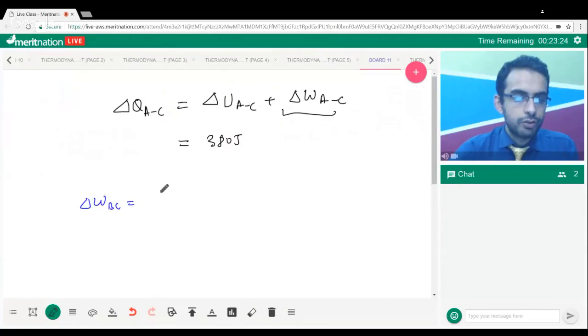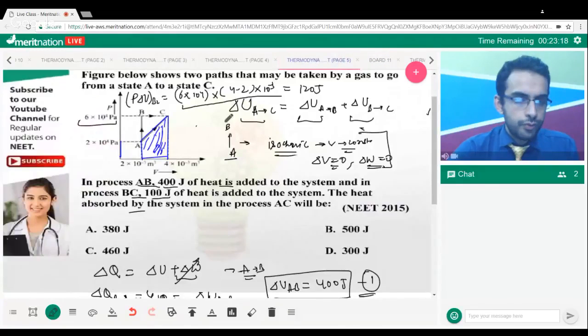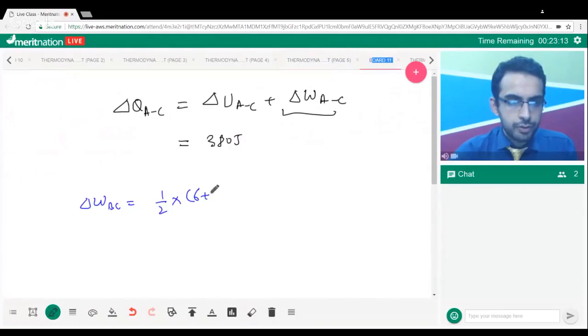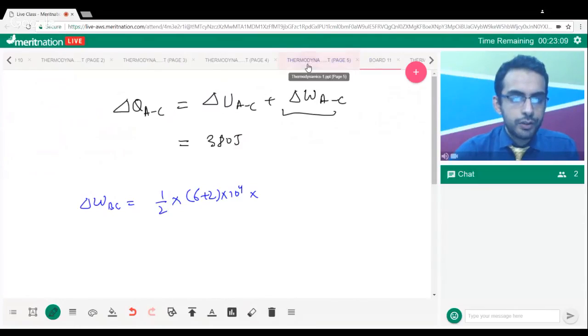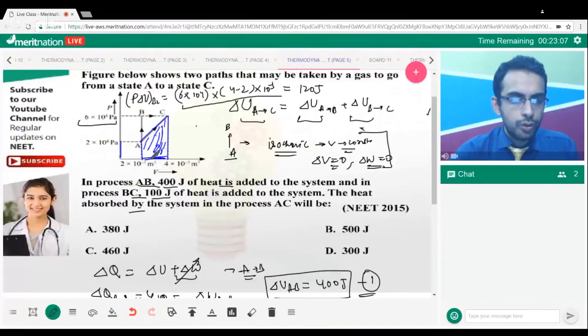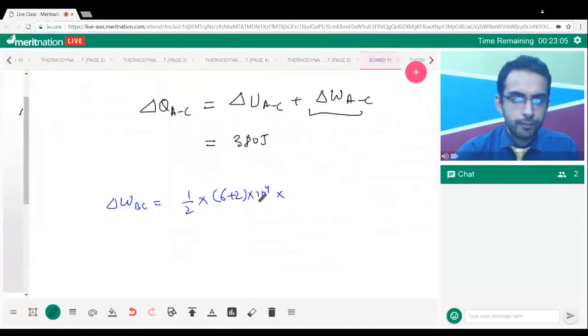So you can simply say delta W AC is equal to 1 by 2 into 6 plus 2 into 10 raised to power 4, and the altitude is 2 into 10 raised to power minus 3.